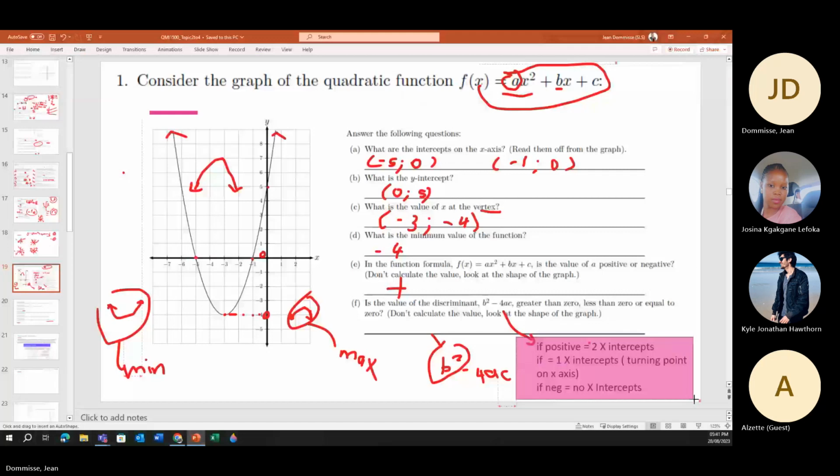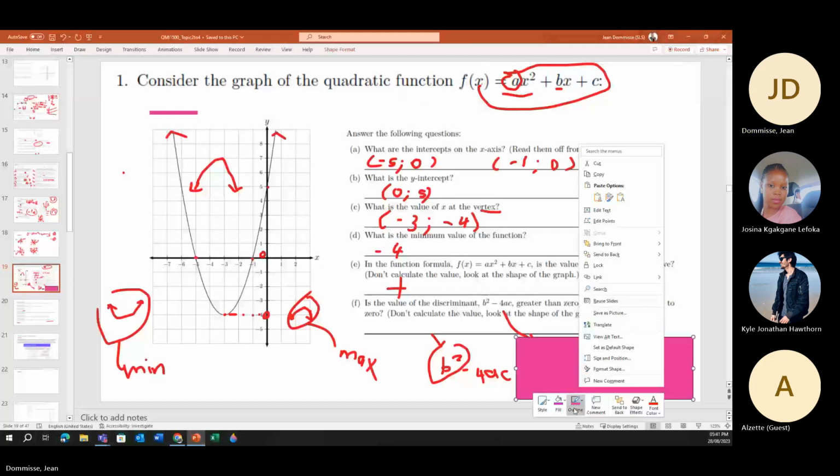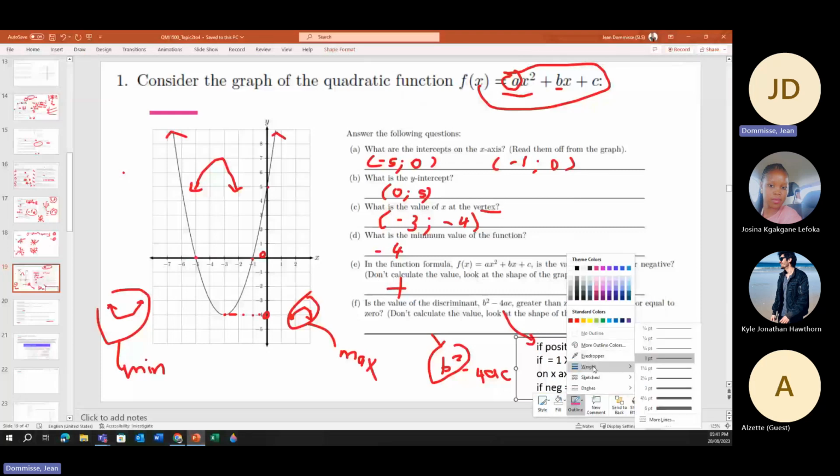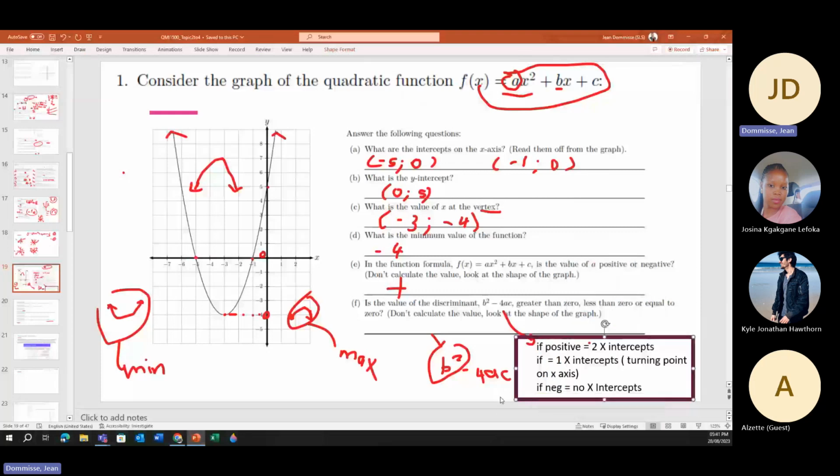So let's at least have it here so that you can see it whenever you get another question like this. And also, if it's negative, it doesn't have intercepts. So if you get a different graph that looks different, then at least you also know the answer to that.